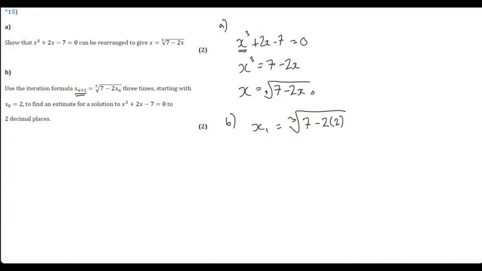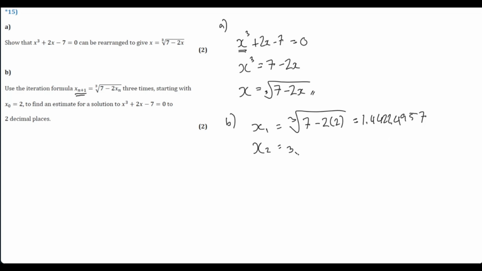Okay. Now, if I do that, what I'm going to get for the first answer is 1.4422. And what I would recommend is to write out all the digits. So 957, that's 1. And then in your calculator, you don't need to put this decimal back in, because remember, in iteration, you put your previous answer back in.